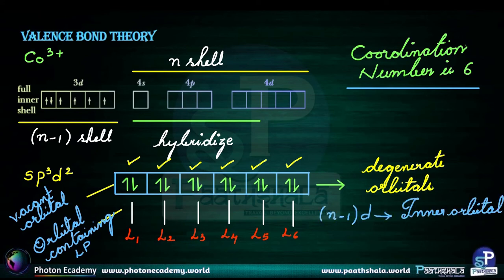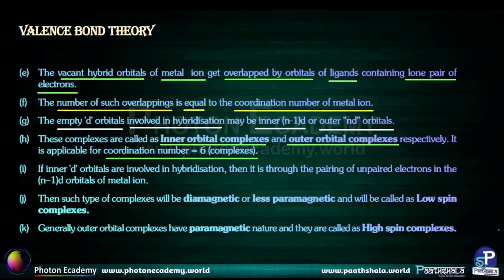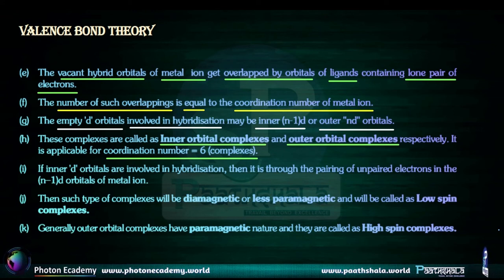If the d orbitals of the outer shell, that is the n shell, are involved in the process of hybridization, then we call the complex the outer orbital complex. If inner d orbitals are involved in hybridization, then it is through the pairing of unpaired electrons in the n-1d orbitals of the metal ion.